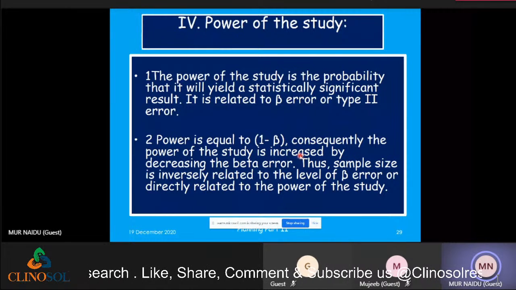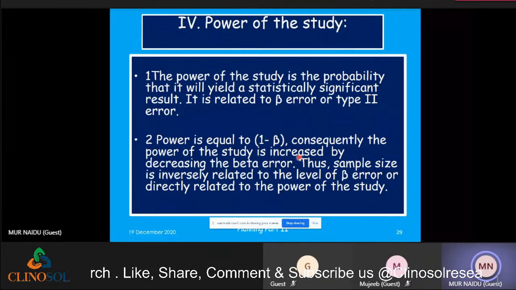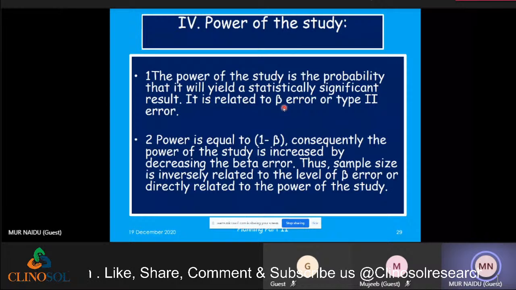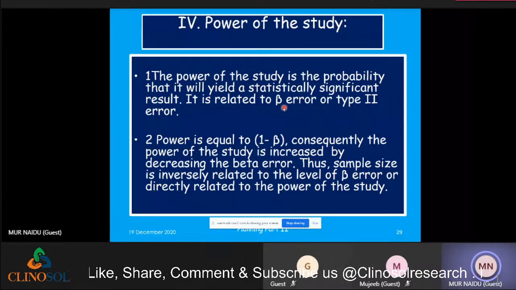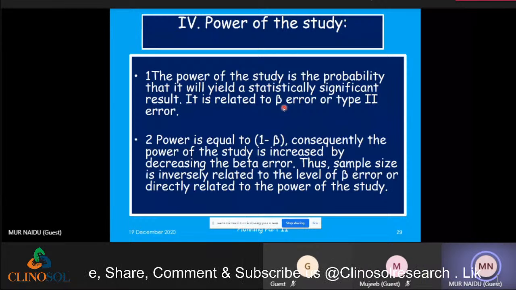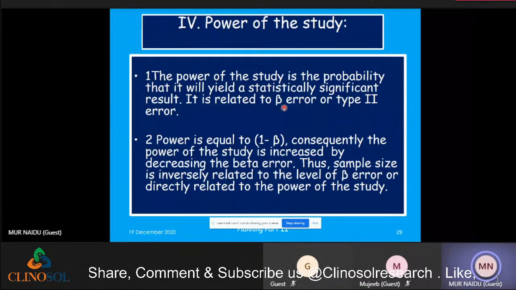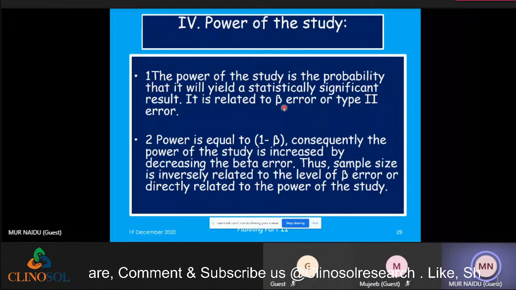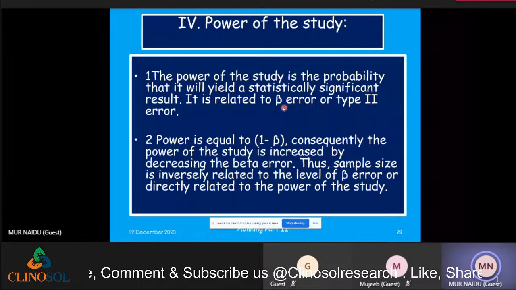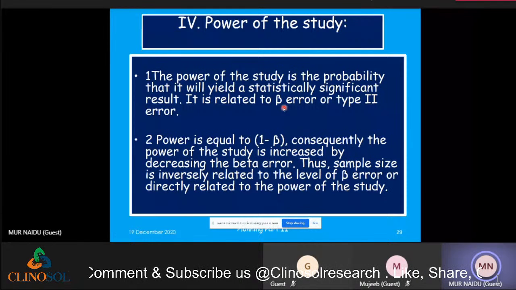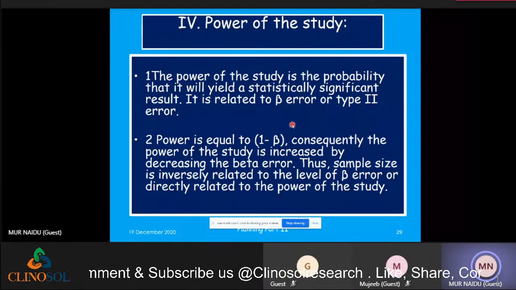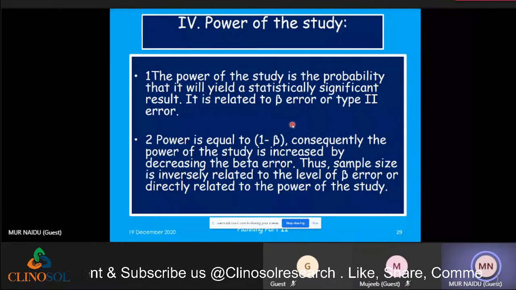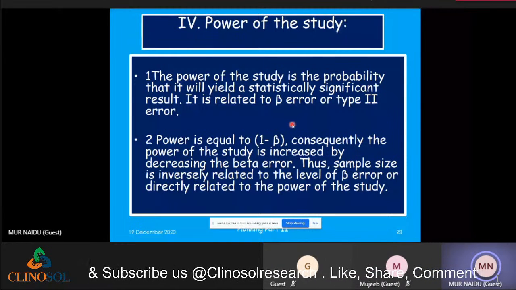Just to give you an idea of what alpha error is, I will give one very good example. Alpha error is there when you are doing a study and that particular effect is not there, but you are showing it. That is known as alpha error. Beta error is when there actually is an effect, but you are missing that effect when you are presenting.